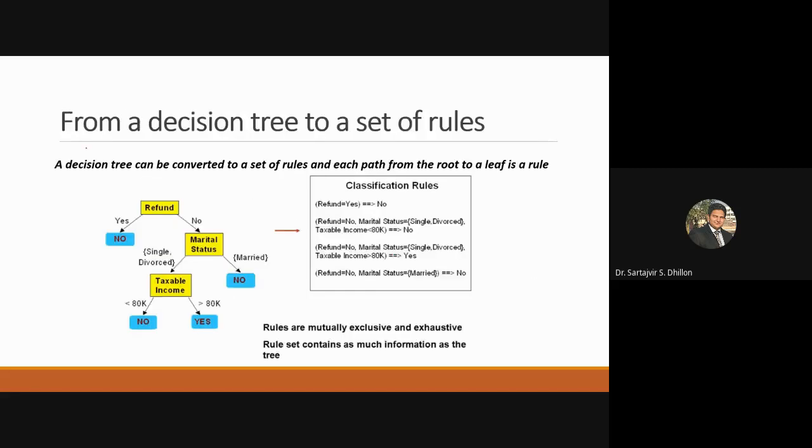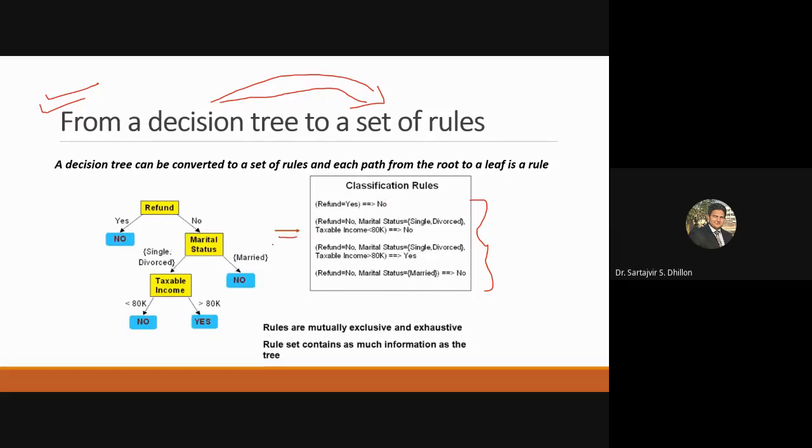Now, what you have to do is convert the decision tree into a set of rules, very easily. How can you do it? It's a very easy process. If your refund is yes, then ultimately your outcome will be no. Here you can simply convert it.